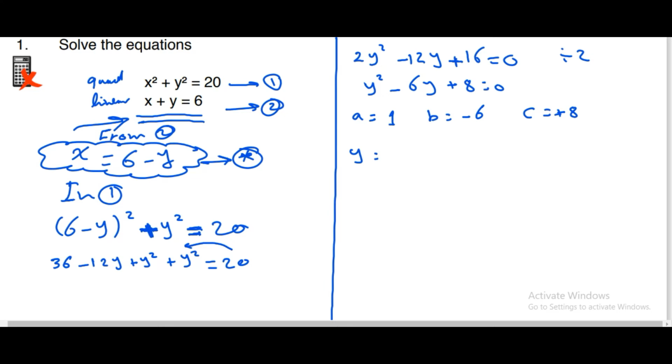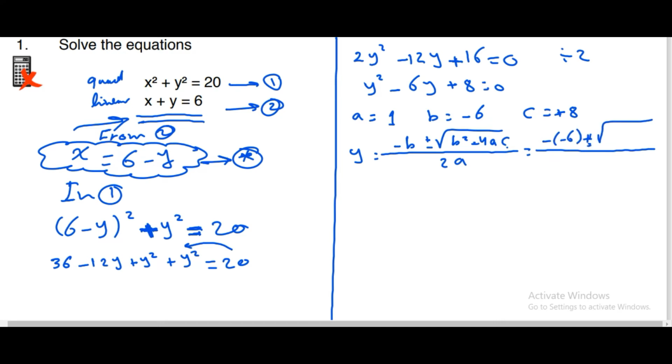So the value of the variable is, this is the quadratic formula, negative b plus or minus the square root of b^2 - 4ac, over 2a. Put each value in its place, so it will be negative 6 plus or minus square root. Plus or minus means we will calculate two times, one time with plus and one time with minus. Here (-6)^2, put the negative number between brackets, minus 4 times 1 times 8, over 2 times 1.